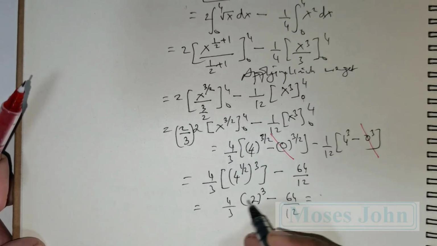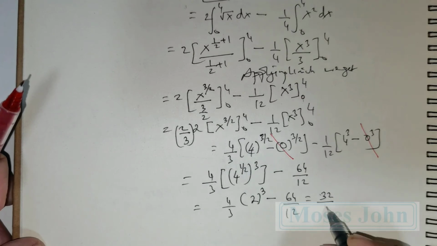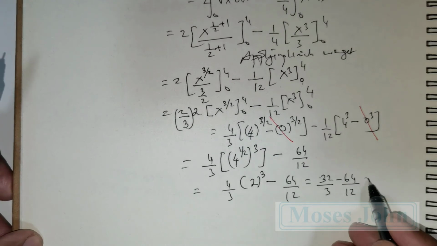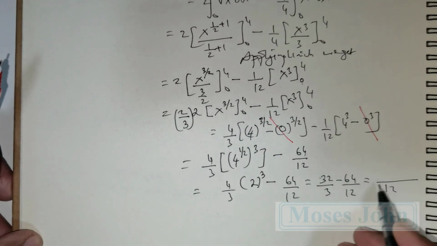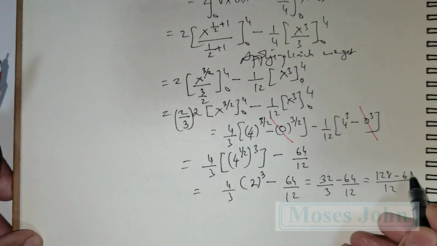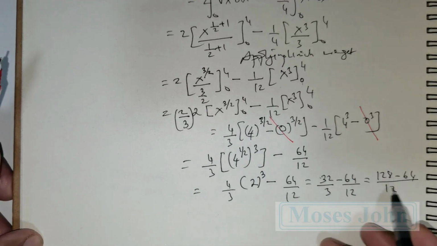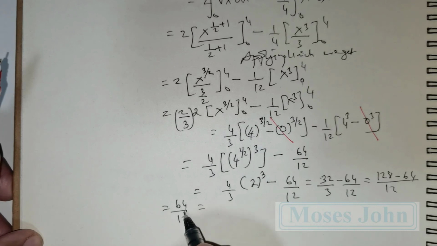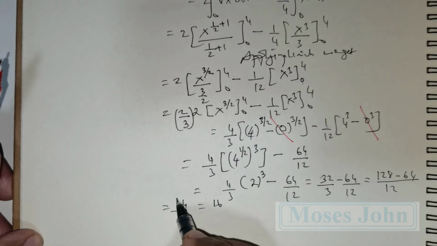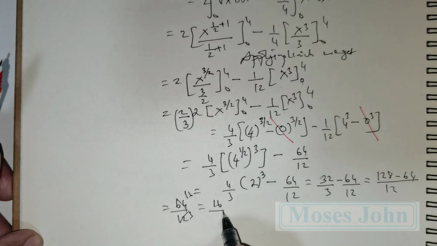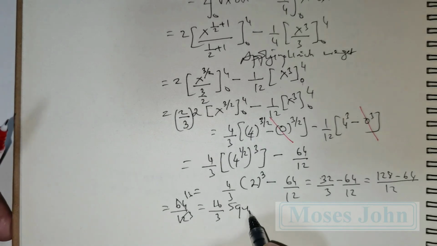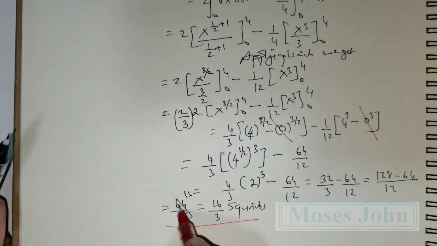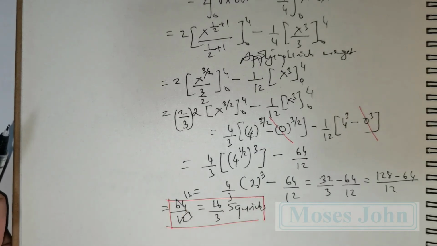This is 8 times 4, that is 32 divided by 3, minus 64 divided by 12. If I take the LCM as 12, this will be 128 minus 64. When you subtract, you get 64 divided by 12. 4 divides here 16 times, and 4 divides here 3 times. So this is the answer. The area between the two curves is 16 over 3 square units.